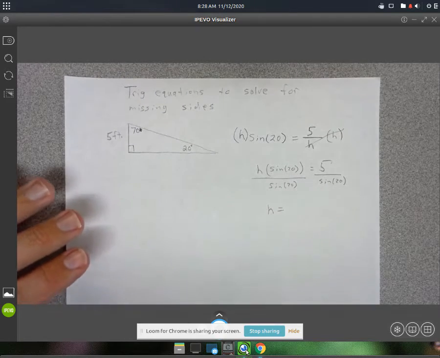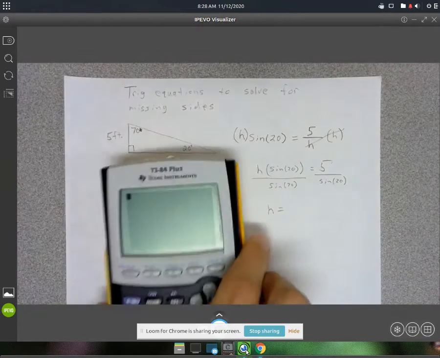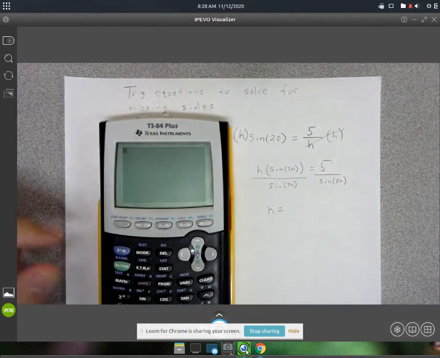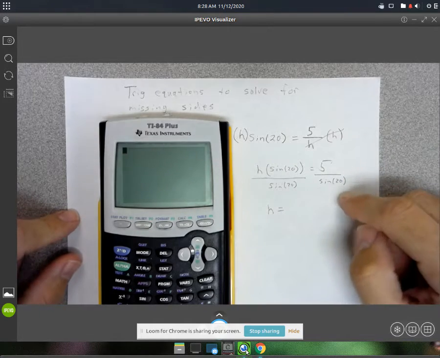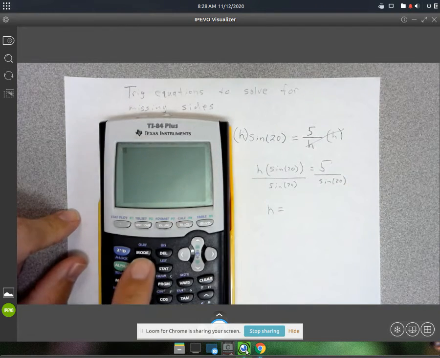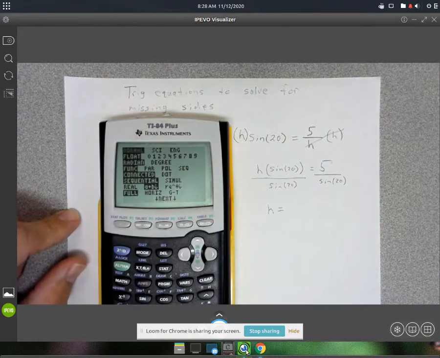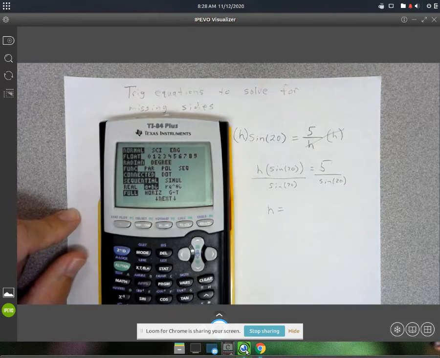So now, let me grab a calculator because I didn't grab one. To simplify this, first thing I need to do is make sure our calculator is in degree mode. So I'm going to press mode, go down to radian degree, and put it in degree mode.